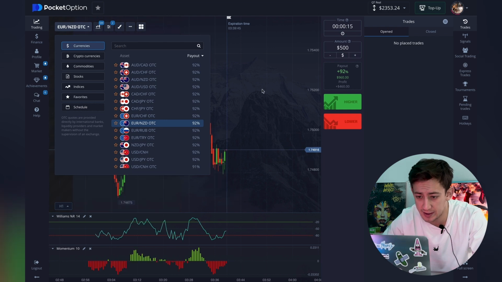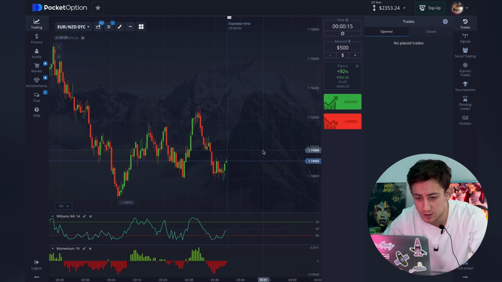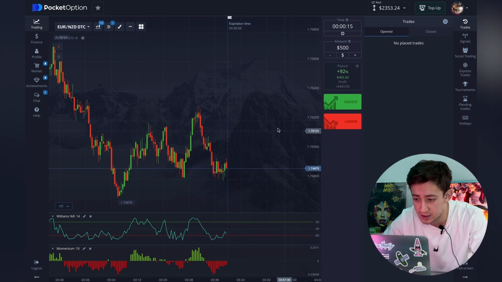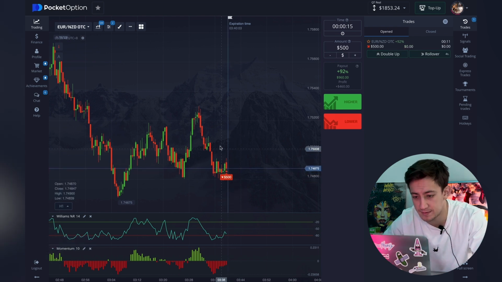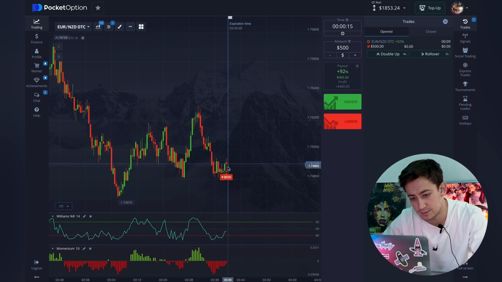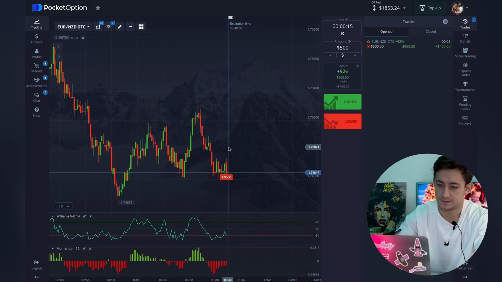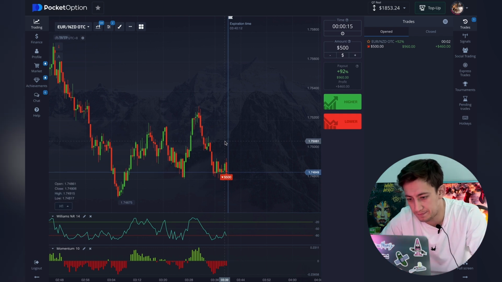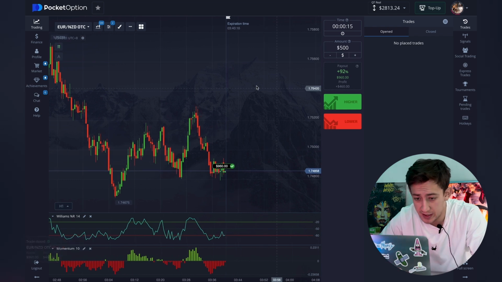Let's change the chart and move on. Now, we have the euro and New Zealand dollar pair. Both indicators show a bullish trend. I think I'll enter a downward trade and expect a profit. Profit is gained, great.